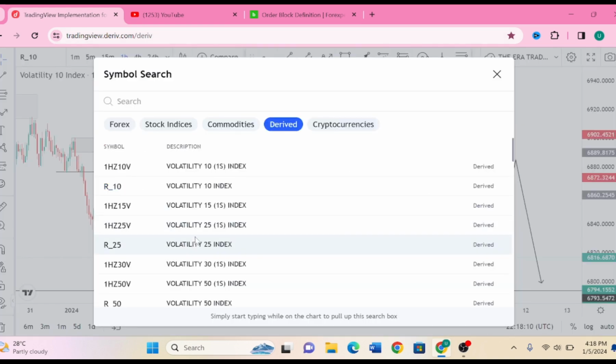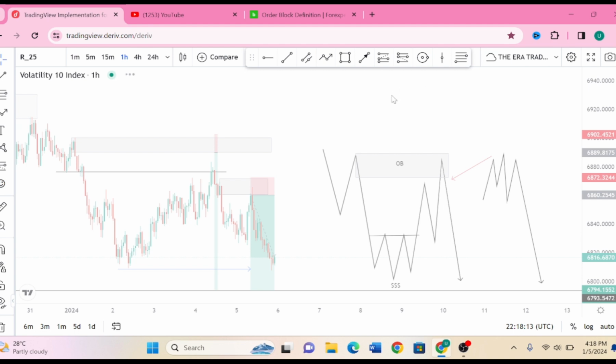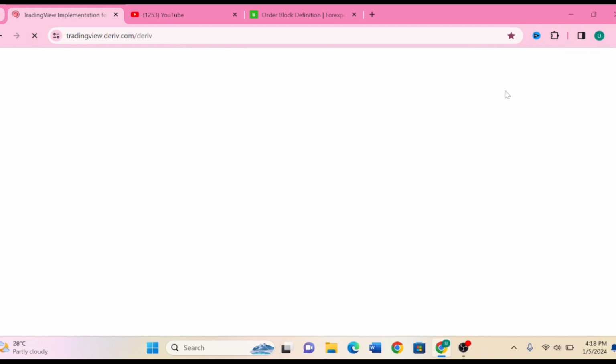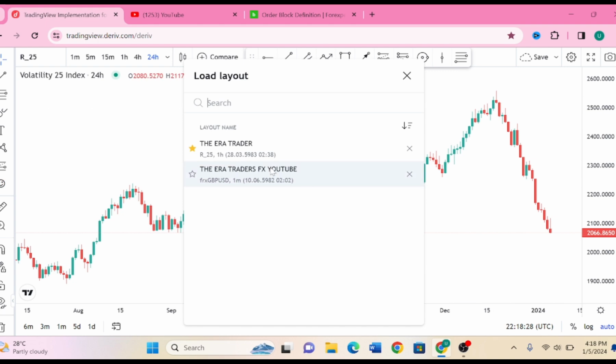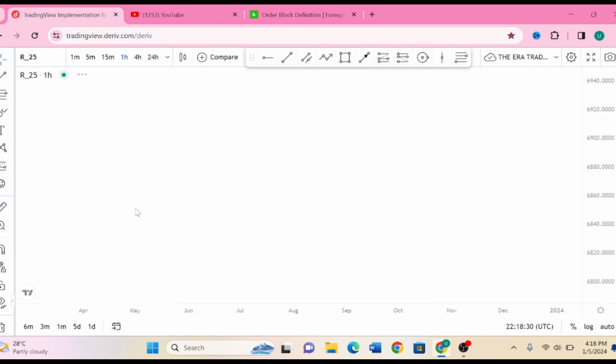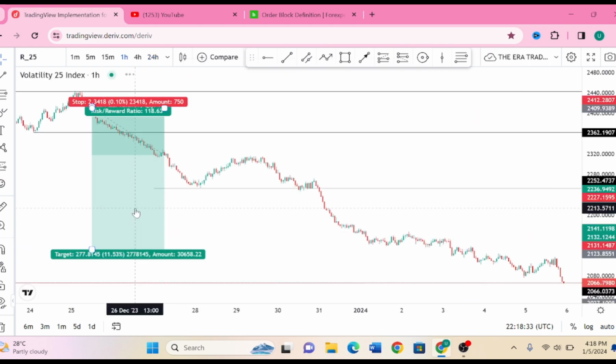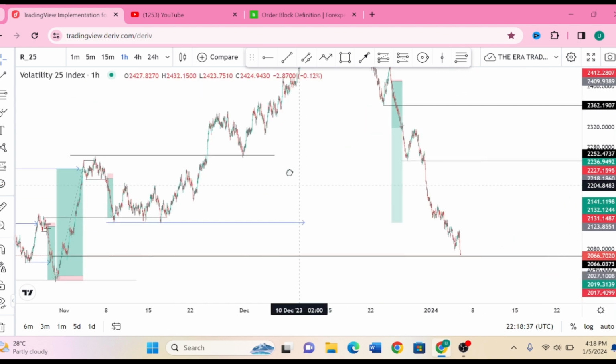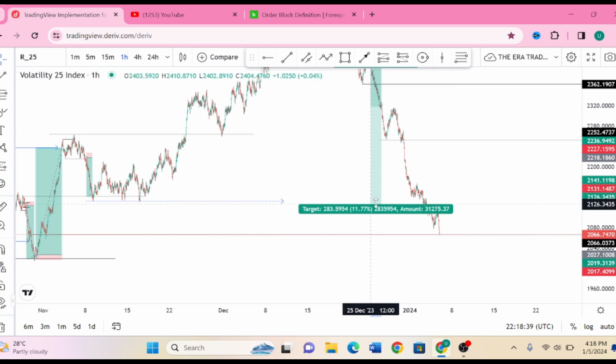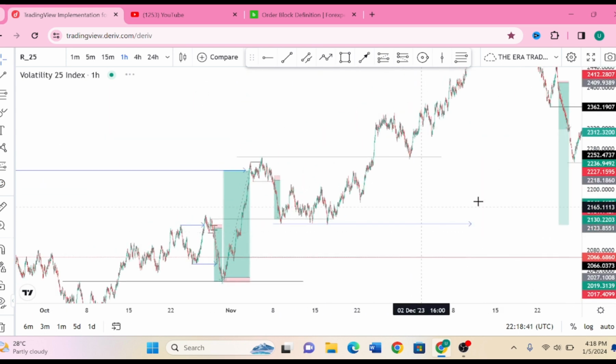Let me just show you one more example. I think this 25. Let's check one more example. This 25, from the daily time frame, we already, oh yeah, this trade, I had this trade for a very long time, and this is a very short trade.